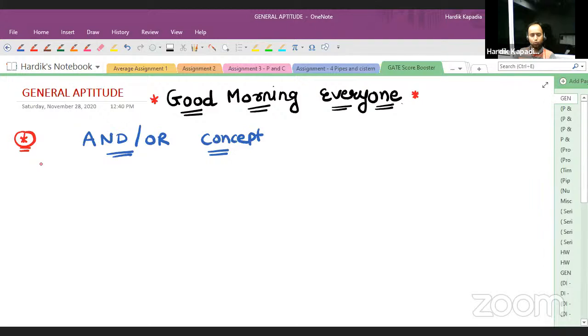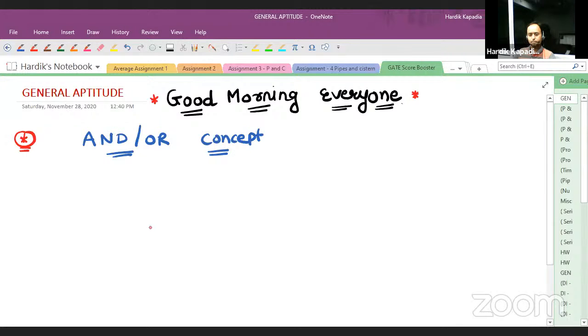Anyone over here finding difficulty with the and-or concept? Instead of multiplication, you have used addition, or instead of addition, you have used multiplication. Perfect. So we'll discuss the and-or concept for 5 minutes, and then we'll quickly move on to the question.